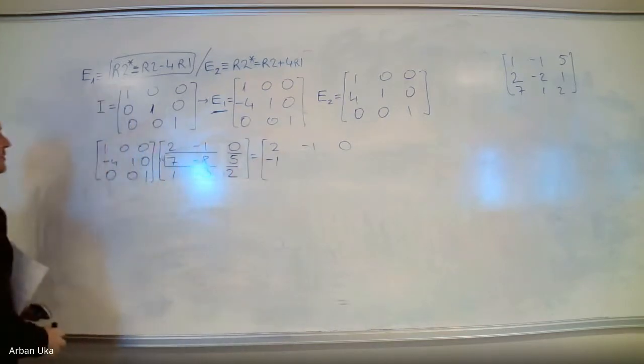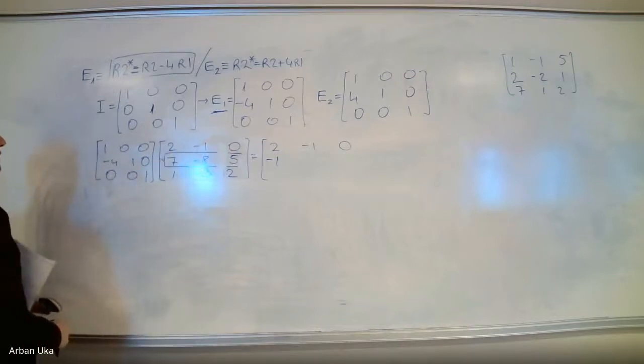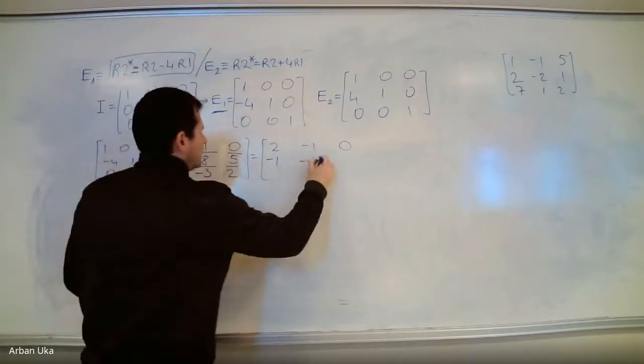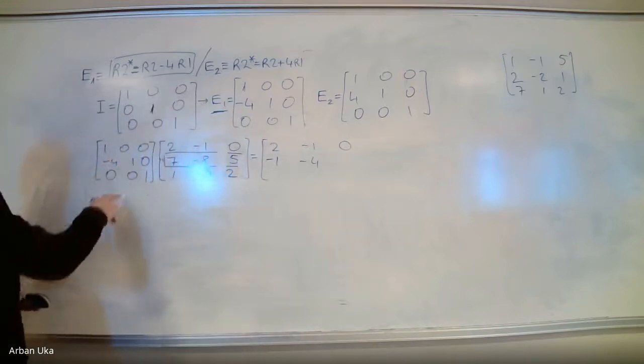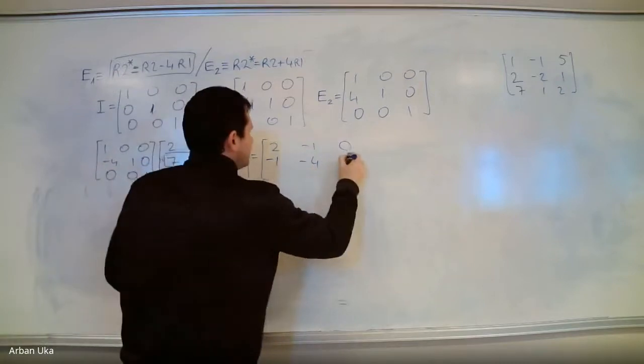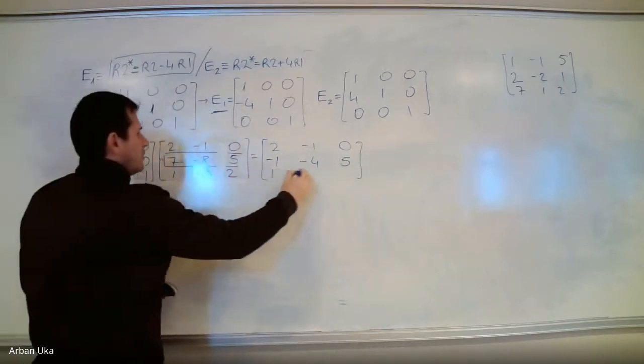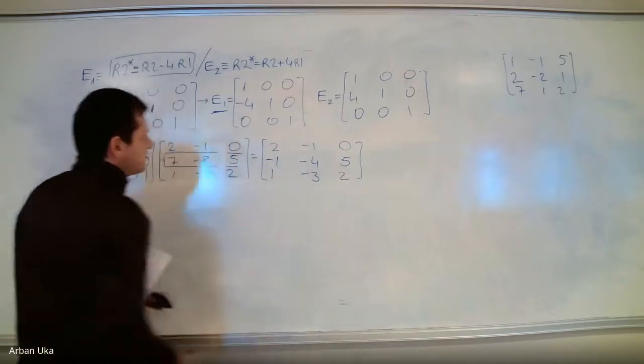You can correct me if I make any mistake. Minus 4 times minus 1 is 4. Minus 8 minus 4. And then we get minus 4, 1, 5. And then we have 0, 0, 1. We get here 1, minus 3, 2.